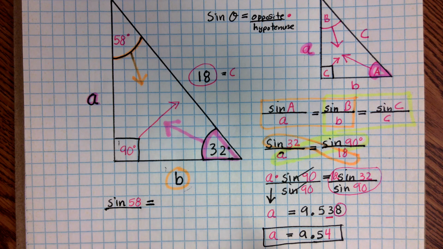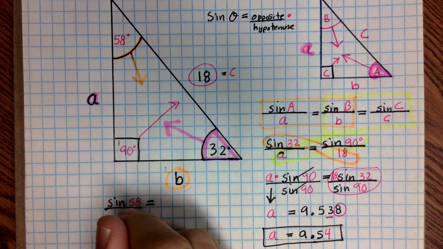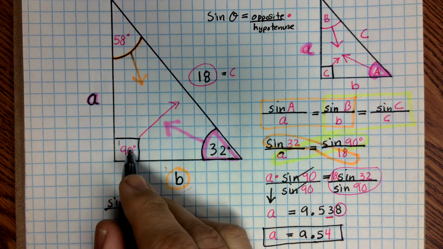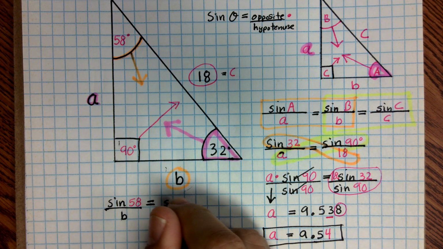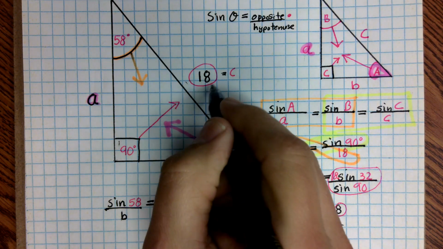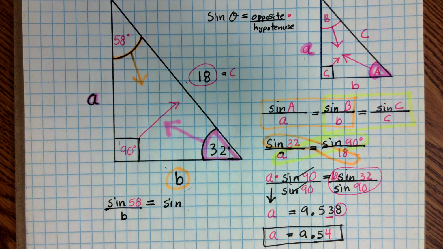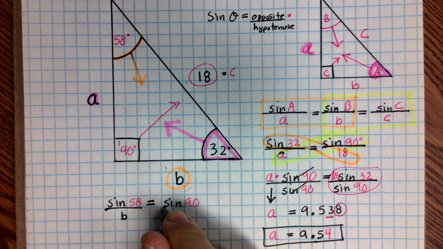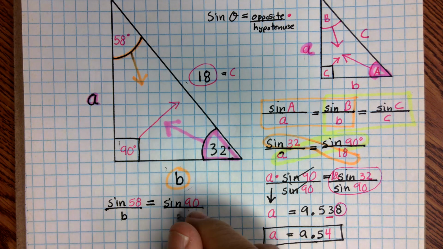That fraction bar means it's division. And I'm going to put b, because we have sine b, which is 58, over the side. And then over here, I'm going to use sine 90 again, because we're going to use that c side since we do have our value for our hypotenuse. So I'll put sine 90 over 18.